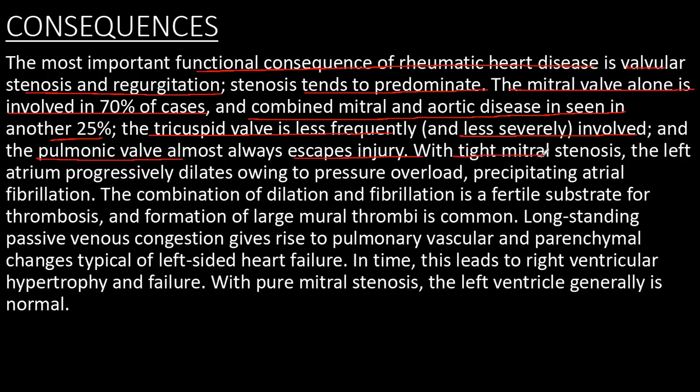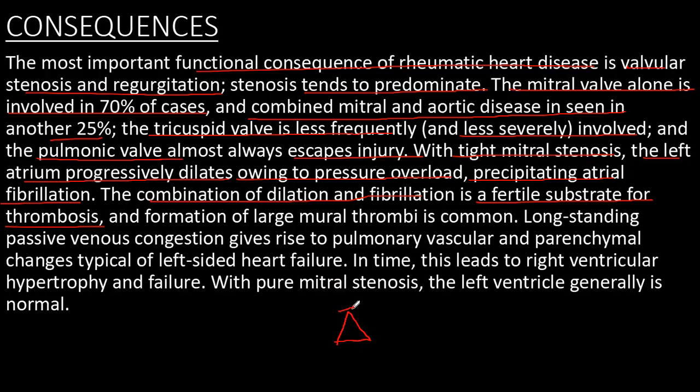With tight mitral stenosis, the left atrium progressively dilates owing to the pressure overload, and this precipitates atrial fibrillation. The combination of dilation and fibrillation is a fertile substrate for thrombosis because of the stasis. Remember Virchow's triad: let me draw that triangle.